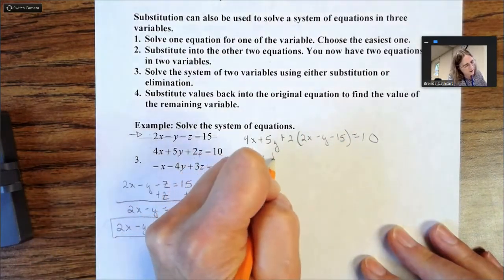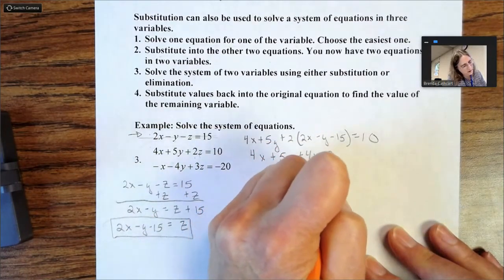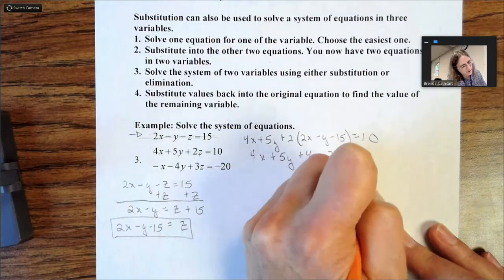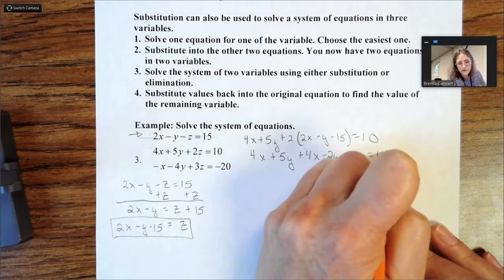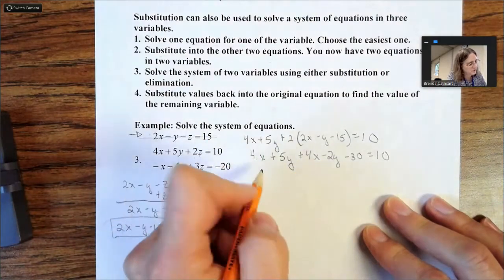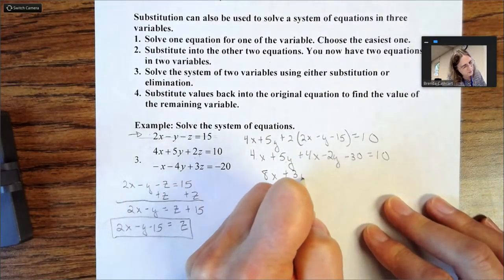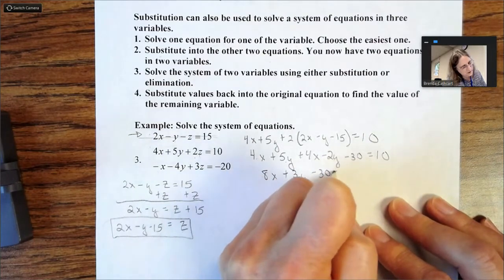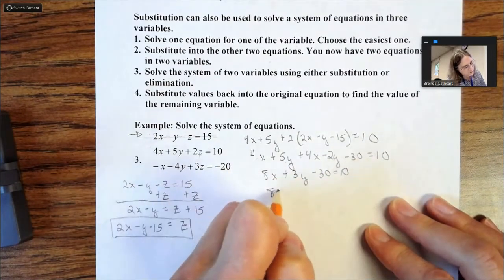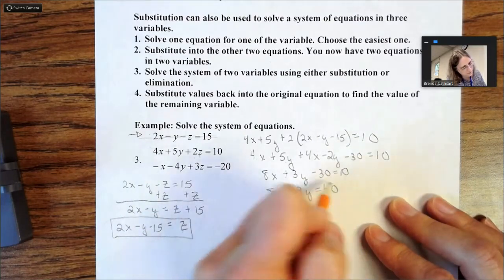Distributing, we have 4x plus 5y plus 4x minus 2y minus 30 equals 10. Combining like terms, 4x plus 4x is 8x, 5y minus 2y is 3y, minus 30 equals 10. Add 30 to both sides gives us 8x plus 3y equals 40.